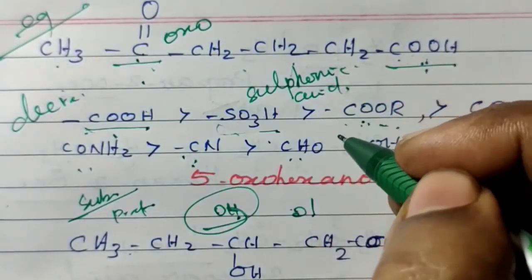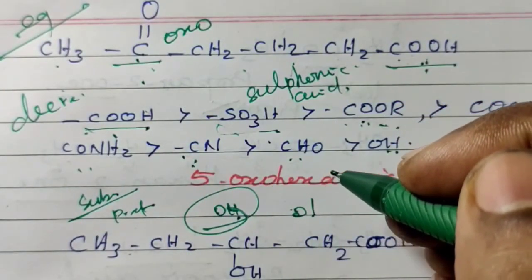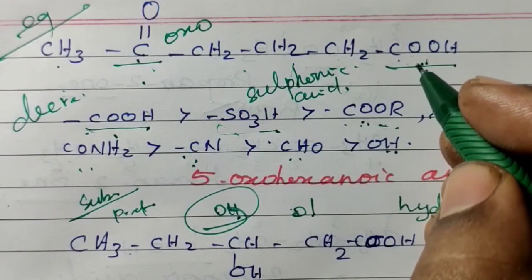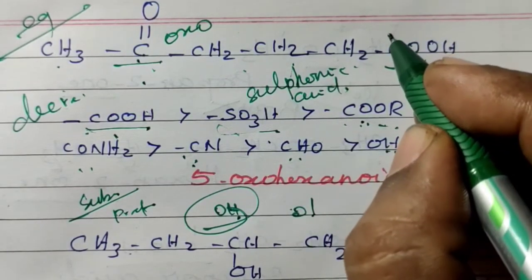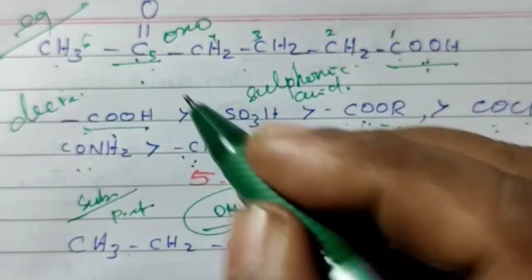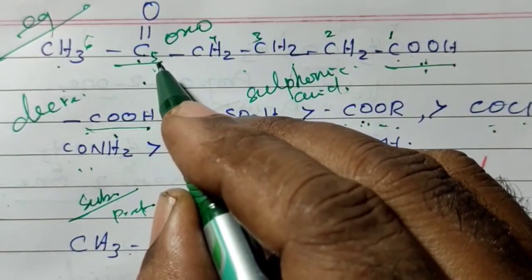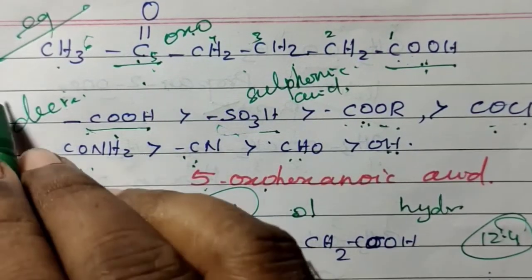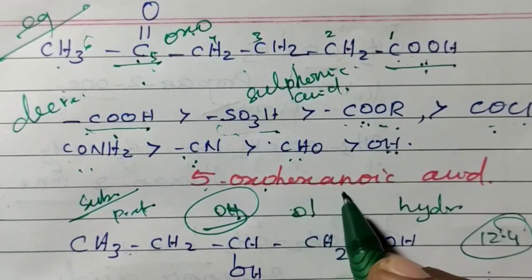If you refer to that particular table, you can understand. So we have to give numbers. While giving numbers to the carbon chain, the functional group carbon should get the least number. So 1, 2, 3, 4, 5, 6. So the fifth position contains the oxo group. So 5 oxo. Totally 6 carbon atoms, so hexanoic acid indicates carboxylic acid.